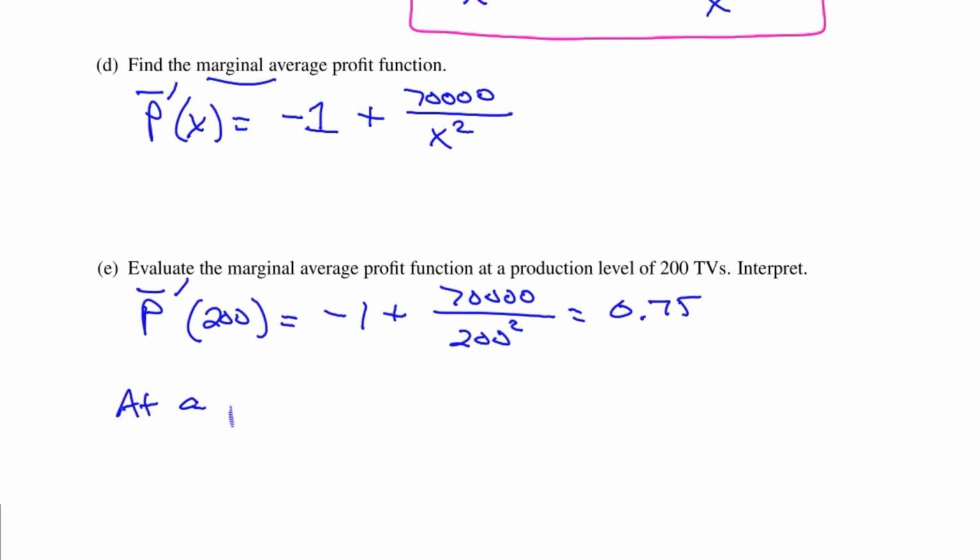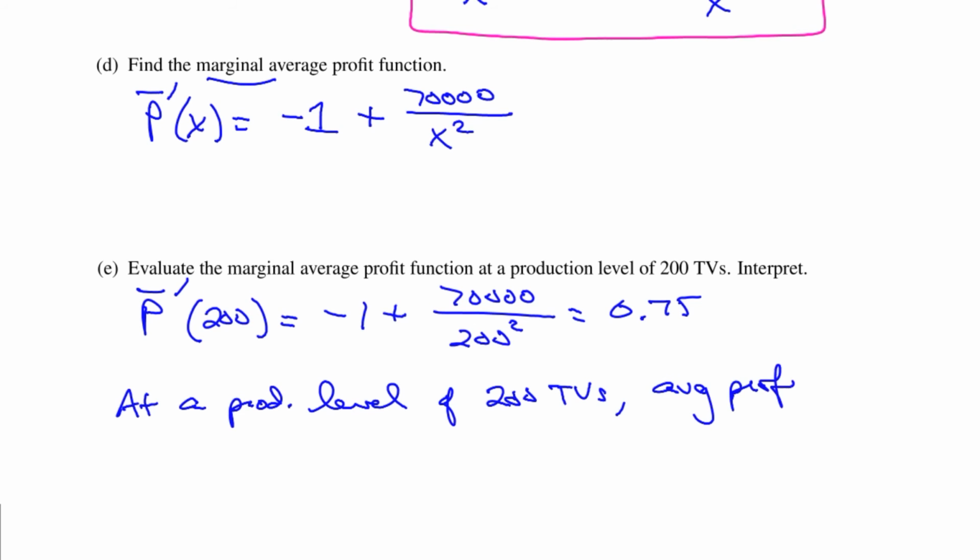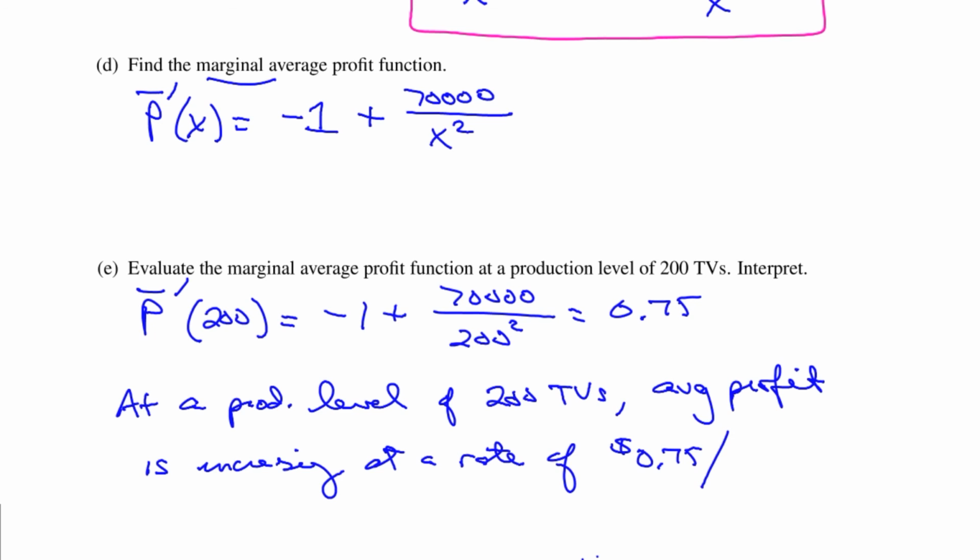At a production level of 200 TVs, average profit is increasing at a rate of $0.75 per TV.